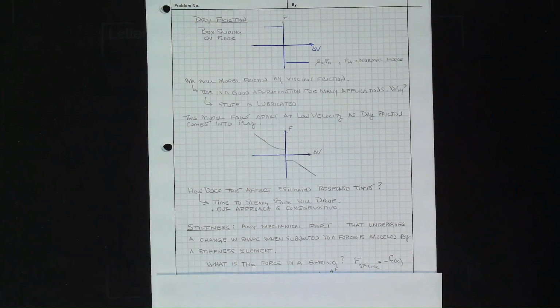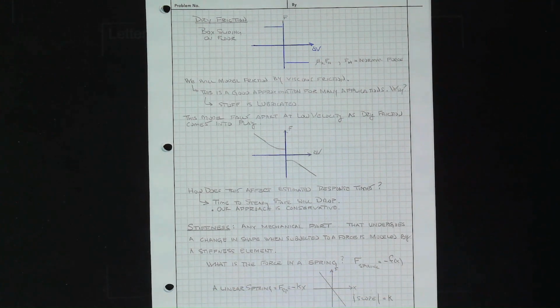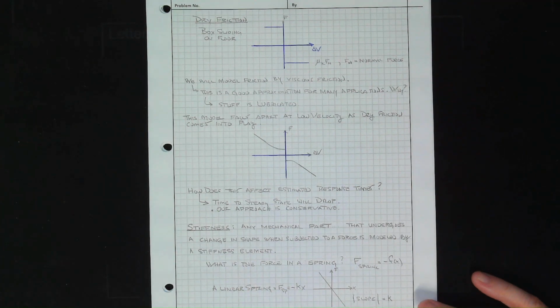We're going to be dealing with linear springs, and you've seen them in your dynamics course. A linear spring is simply the spring force equals minus kx. As the mass moves by a distance x, the spring opposes the motion. Okay, so we get something like so.